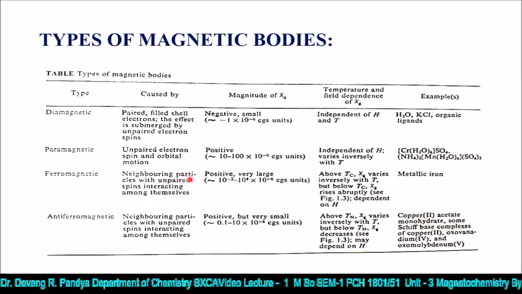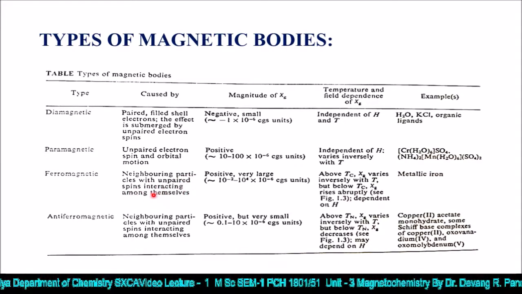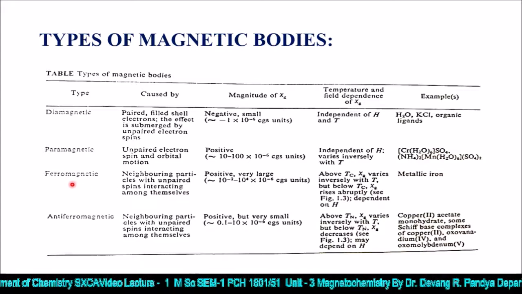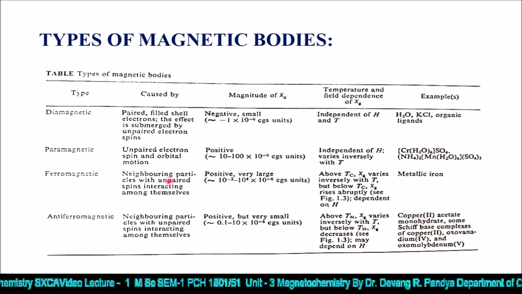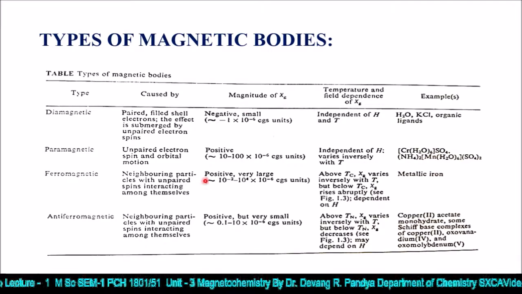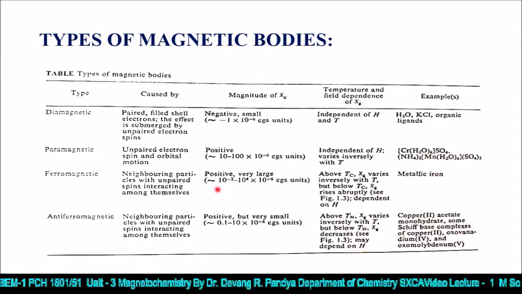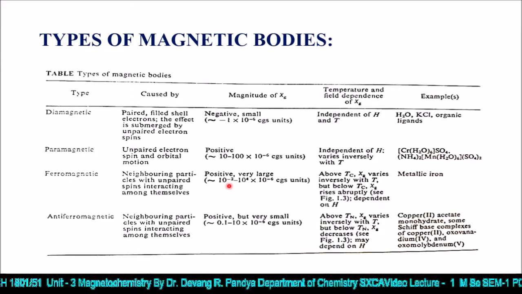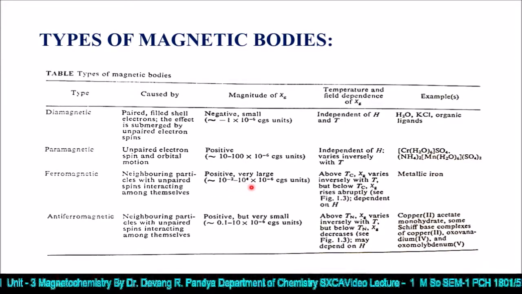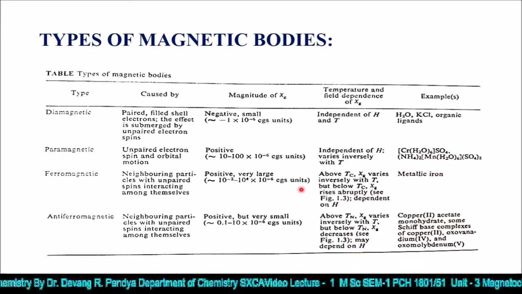Neighboring particles with unpaired spin interacting among themselves act as ferromagnetic material. The value of gram magnetic susceptibility is positive and it should be very large, approximately 10^-2 to 10^4 × 10^-6 CGS unit.